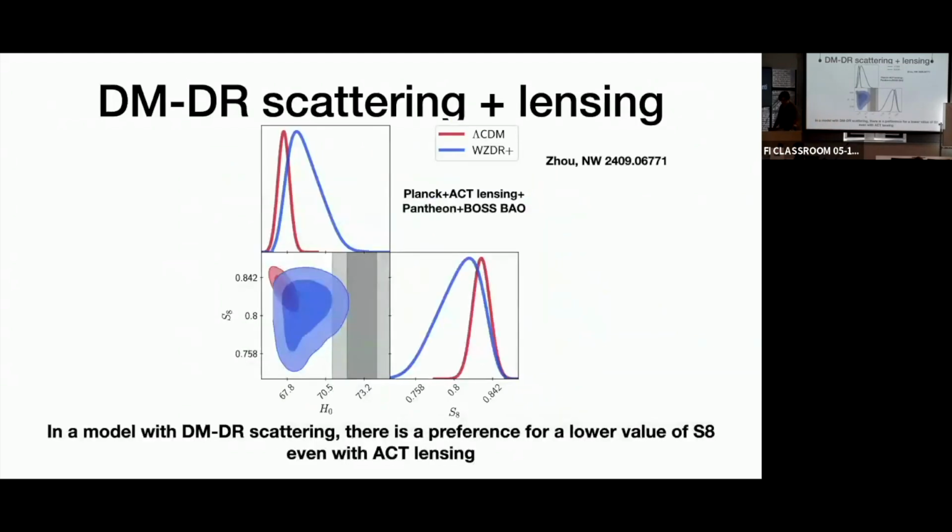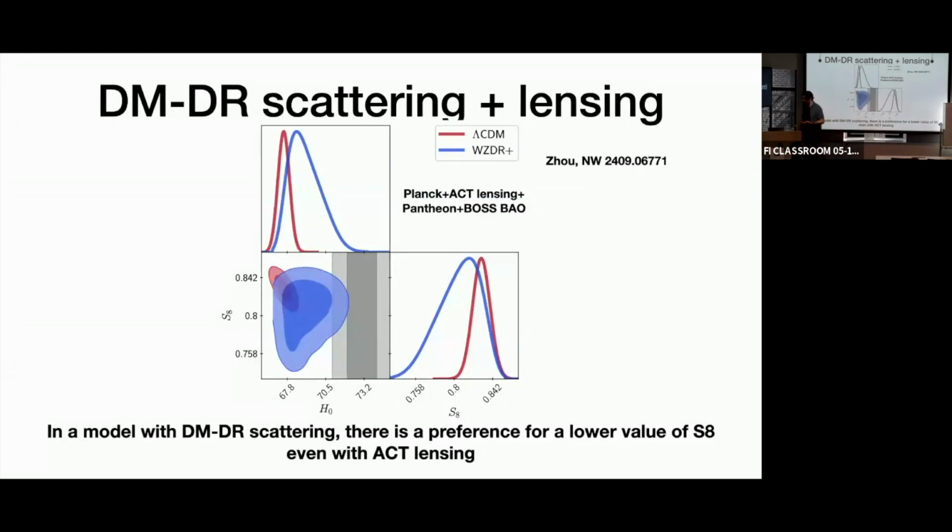If you fit the data in this model, and here the data are Planck, ACT lensing, Pantheon, and the BAO data from BOSS, what you find is, here is lambda CDM with a very, very tight measurement of S8, and you find a much broader fit to S8 in this model.